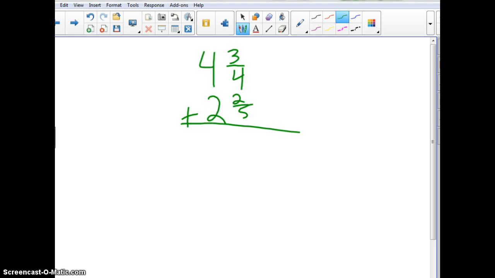What would be a good common denominator for this problem? Aiden? 20. Good job. All right, everybody get started.